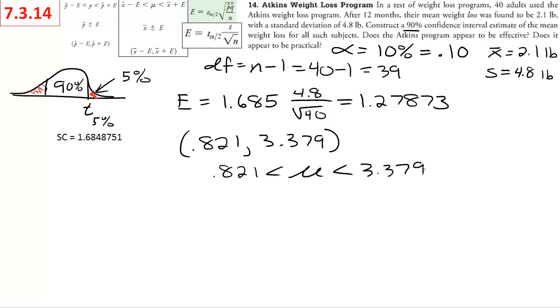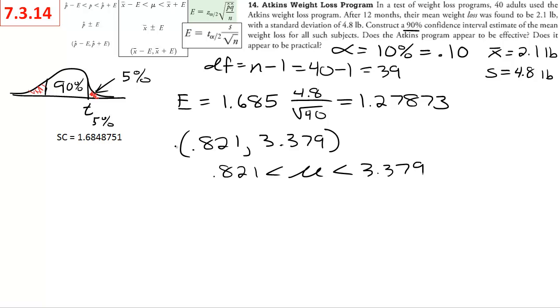So that means if everybody did this Atkins diet, we would expect the average weight loss of the entire population of adults, because it sounds like they're talking about adults here, would be somewhere between 0.8 pounds and 3.379 pounds over 12 months. So the first question is, does it appear to be effective? Well, yes, it's effective because they lost weight, right? The only way it wouldn't be effective would be if this confidence interval contained 0 or even worse, negative numbers, which would mean they actually gained weight, right?